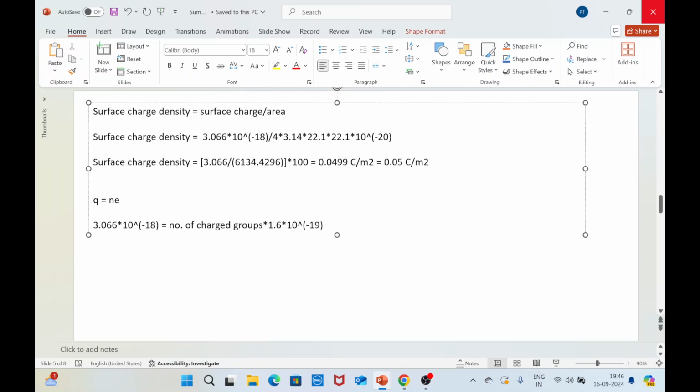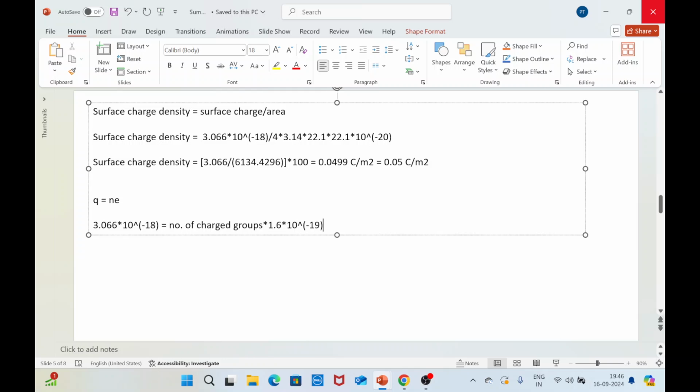Can we write it like this? Any confusion?